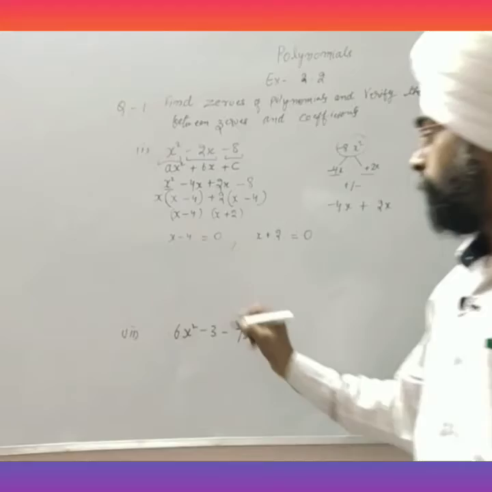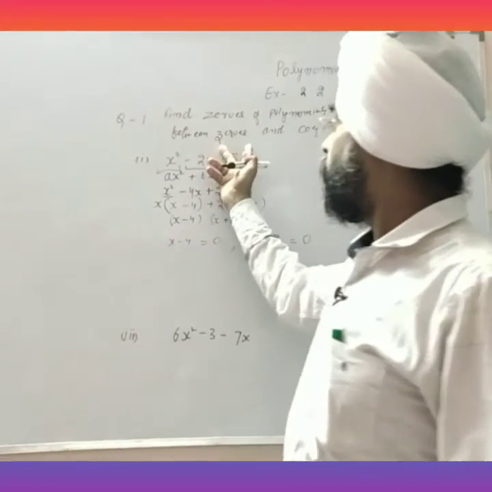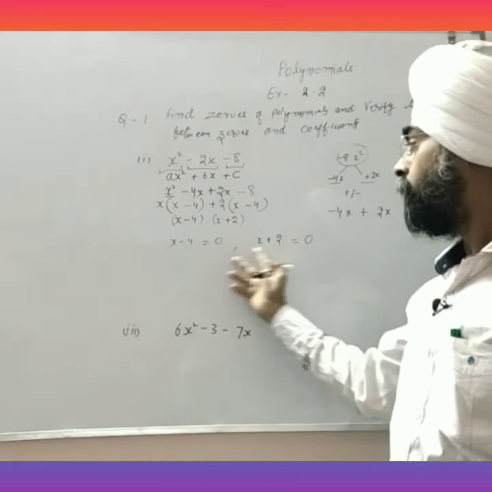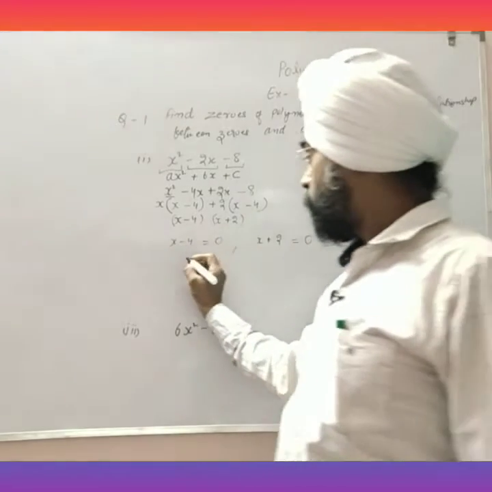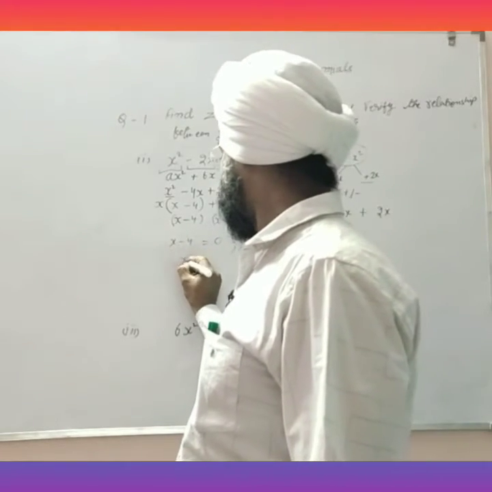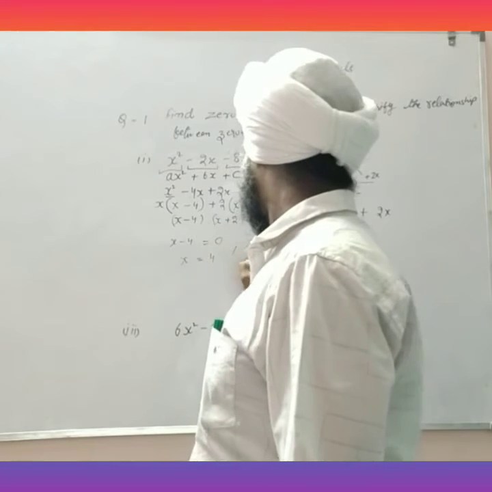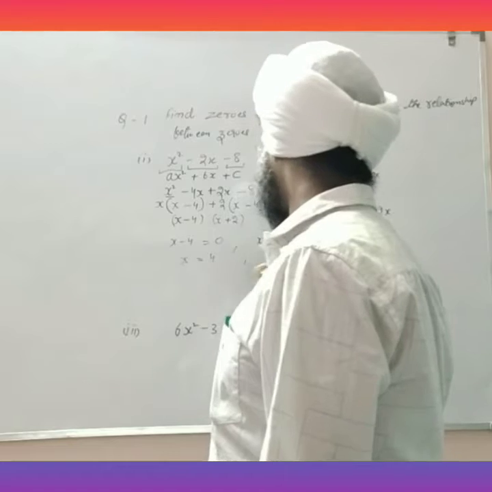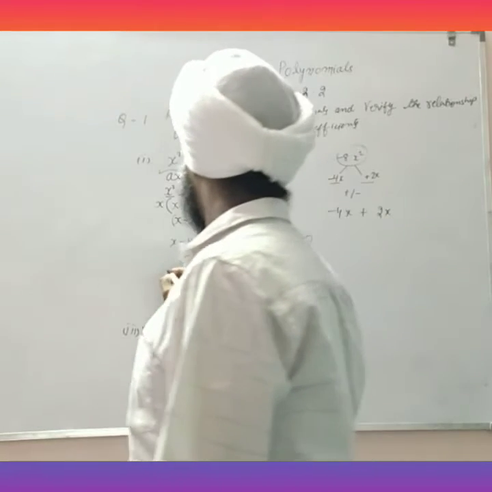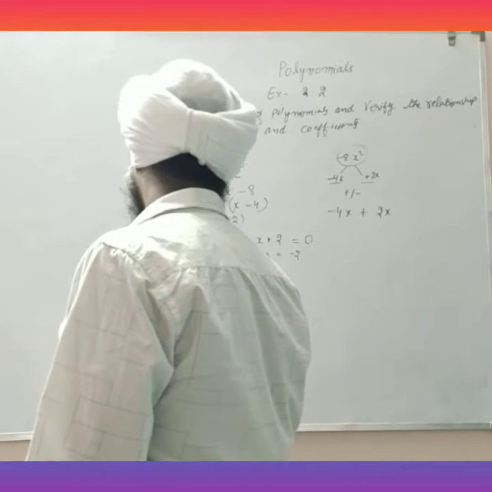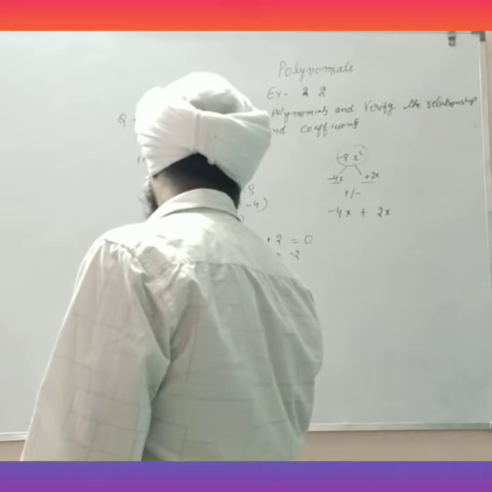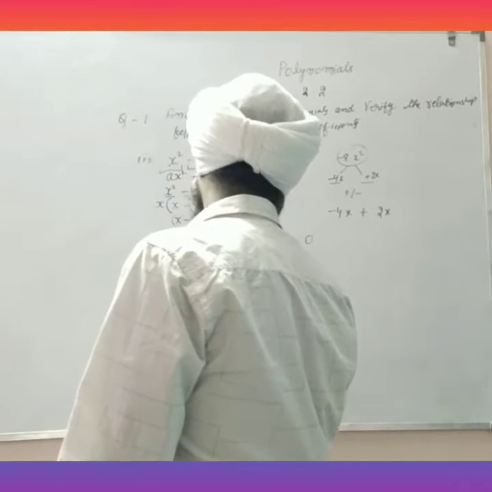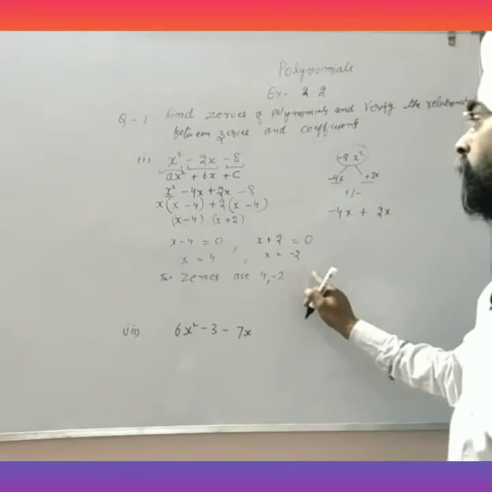To find the zeros, we have to put these brackets equal to 0 separately. Then x will be 4 and x will be minus 2. These are the two zeros: 4 and minus 2.